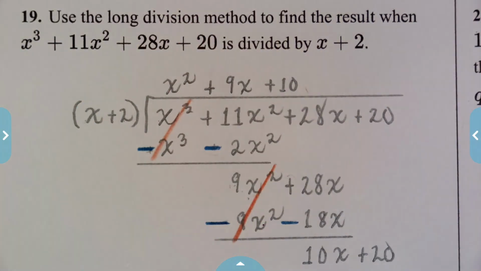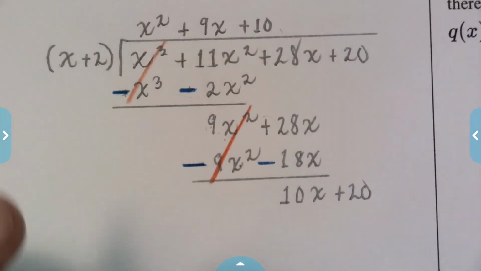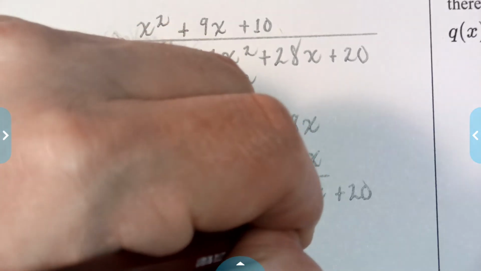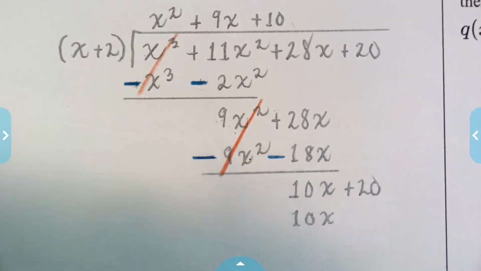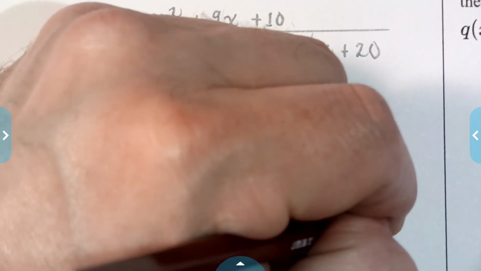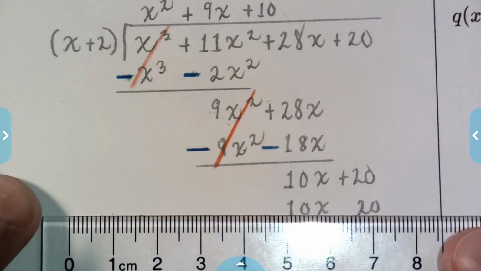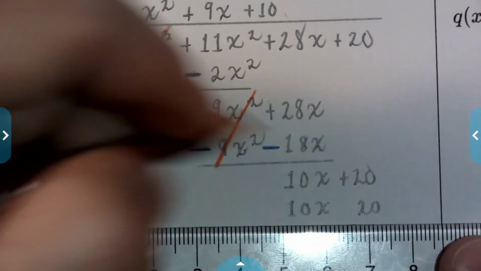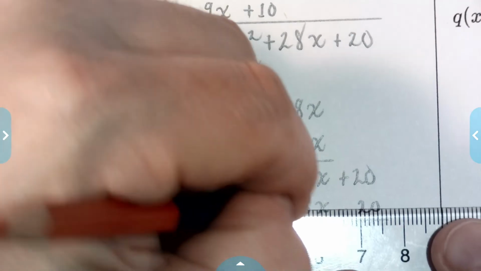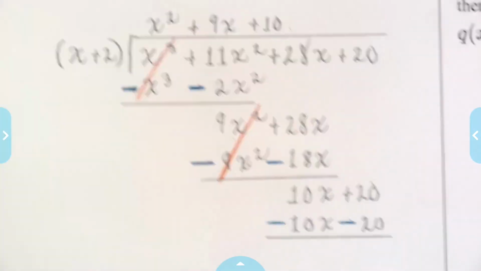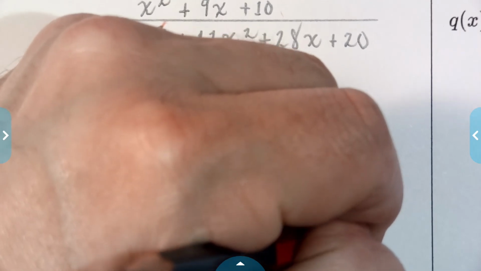It's going to work out to where there's no remainder, you can already tell. So you have 10x, and then 10 times 2 is 20. Notice I'm not even putting the pluses there because I know I'm going to draw a line and change both signs. And they both cancel, leaving no remainder.